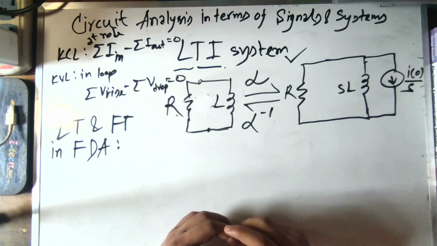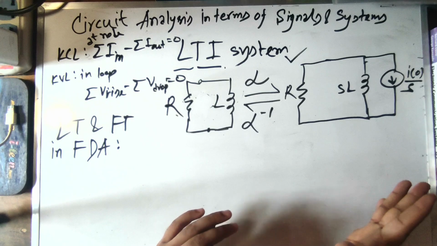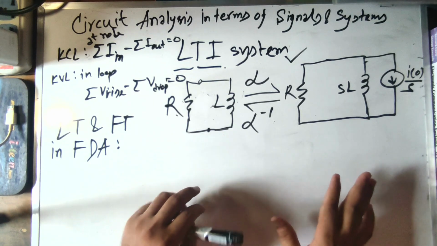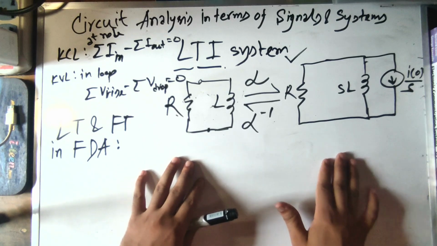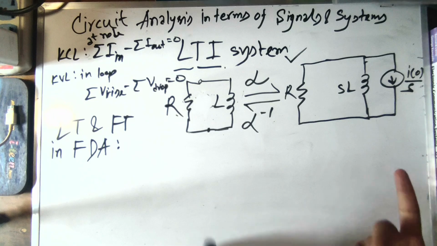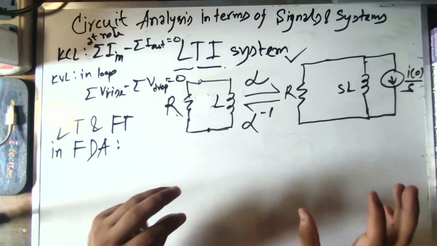Now what are we going to do in the Laplace transform? What the Laplace transform does best is transform this circuit into an LTI system which will generate a linear algebraic equation.